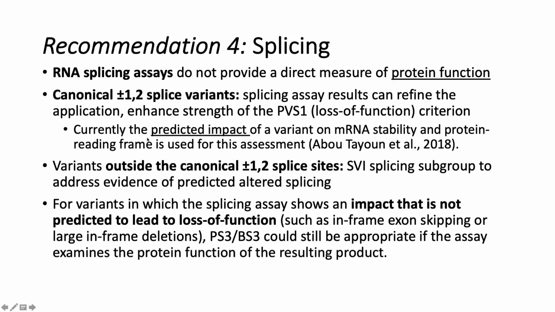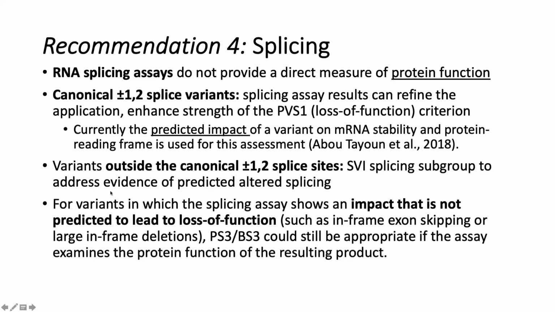Currently, the predicted impact of the variant on mRNA stability and protein reading frame is used in that assessment, but you could then add the splicing assay results to help upgrade that strength. Also, for variants outside the canonical splice sites, there is an SVI splicing subgroup that has recently formed that will start to address how to apply evidence of predicted altered splicing.